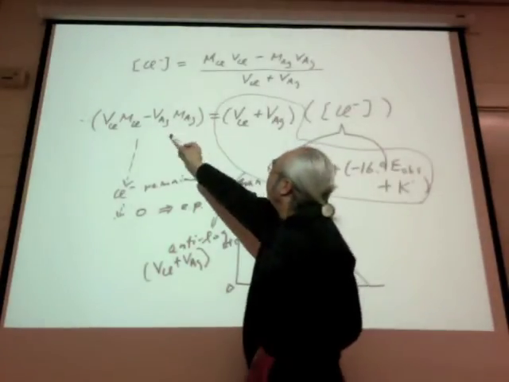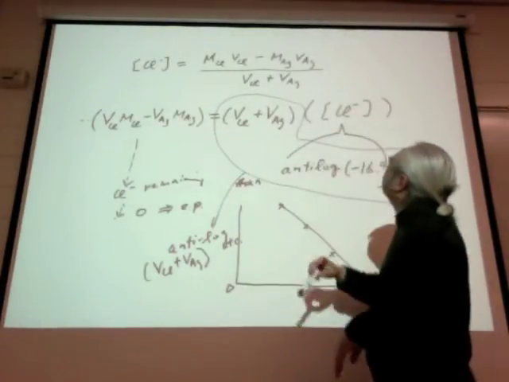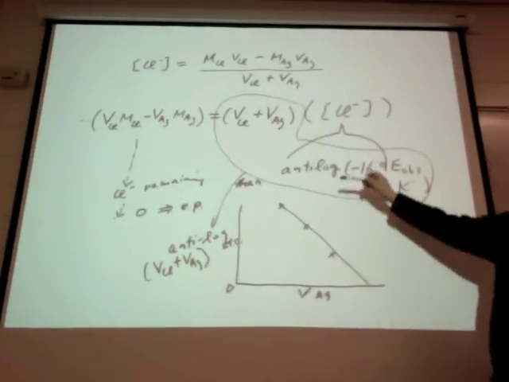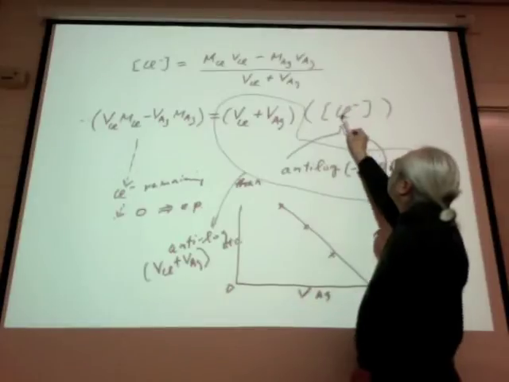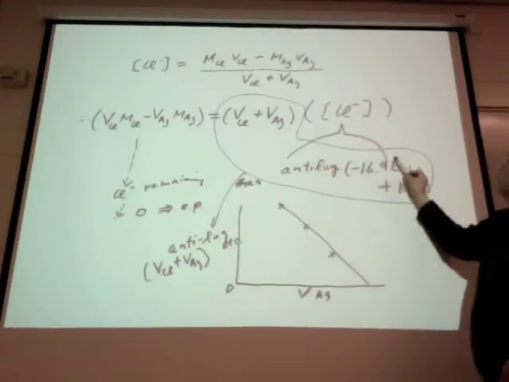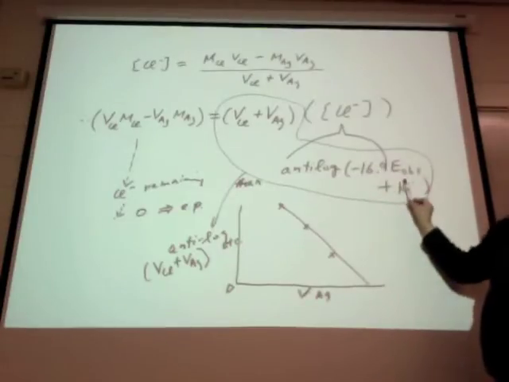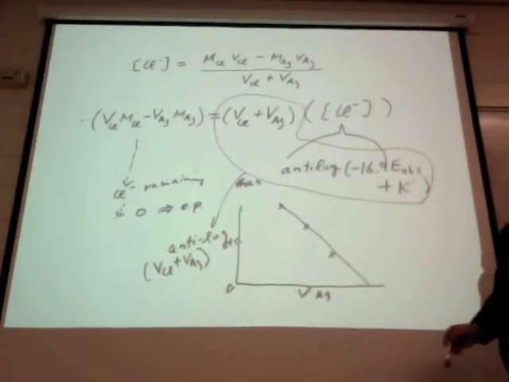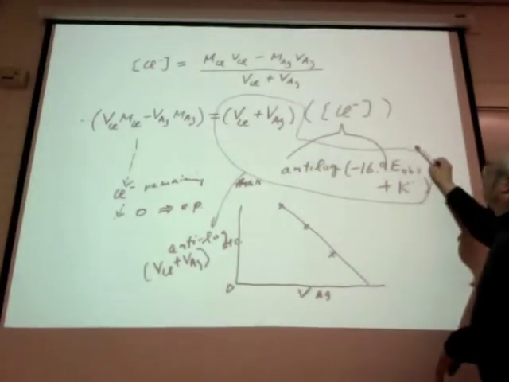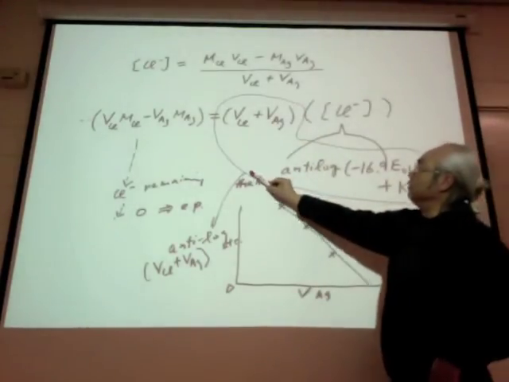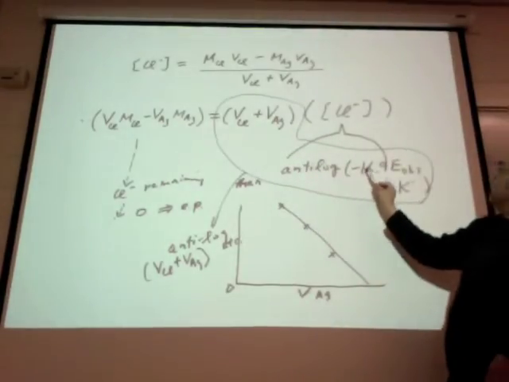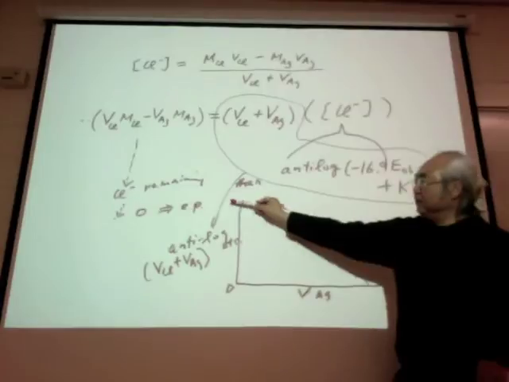So rearrange the previous relationship, then it is equal to this multiplied by the chloride concentration. The chloride concentration is equal to this deal here. So now the big circle: this big circle is the parameter we're going to use for the y. So this multiplied by the antilog of this is equal to that.